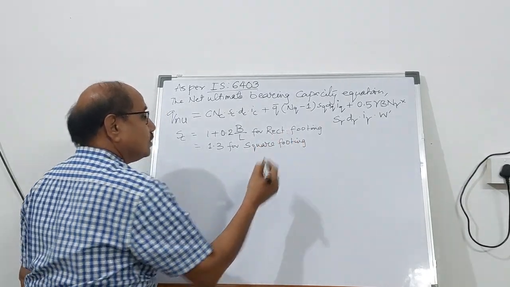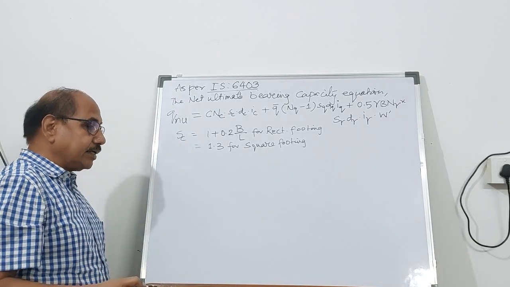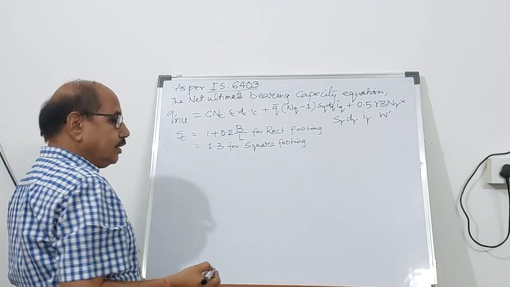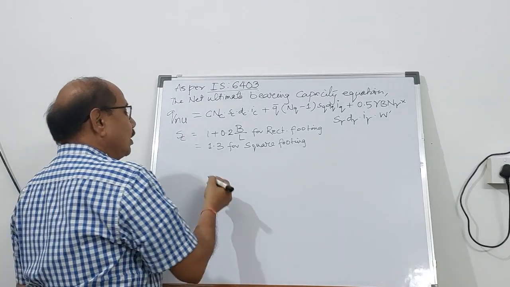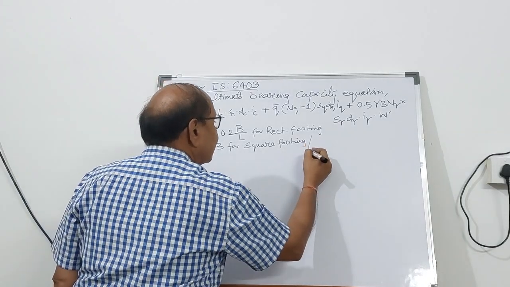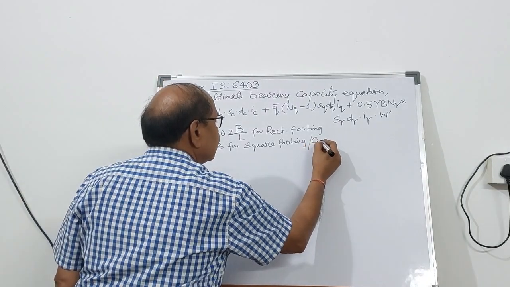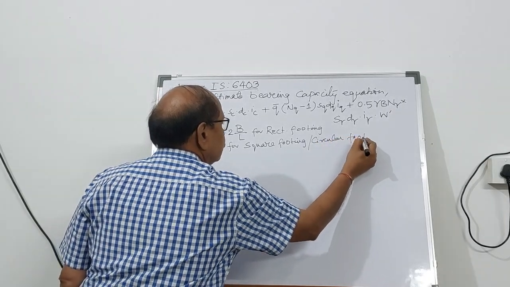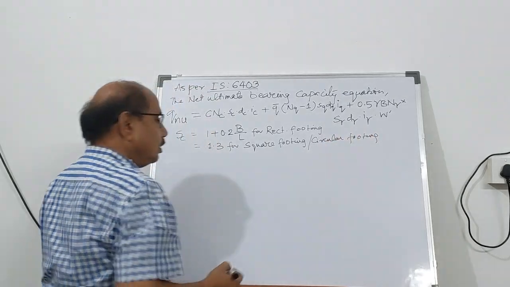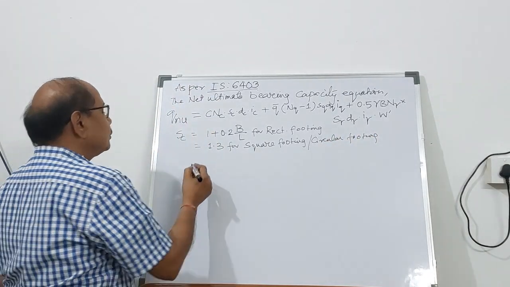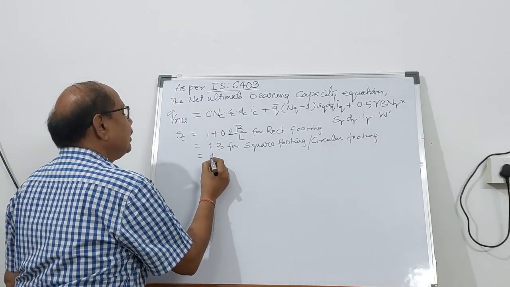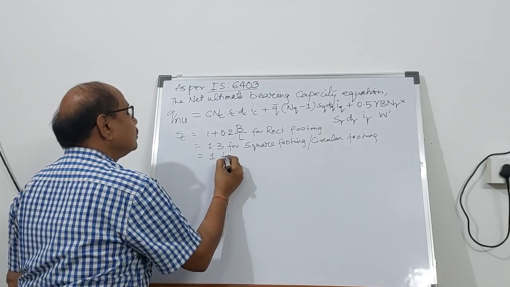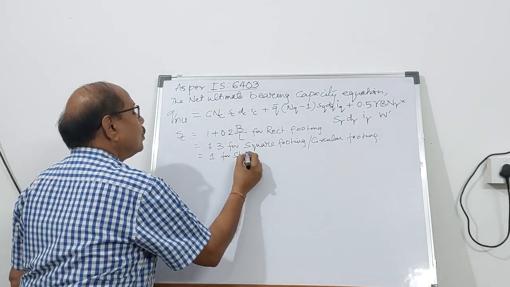If the footing is other than rectangular, then you should take 1.3, or if it is a circular footing. And if it is a strip footing, the value will be 1.